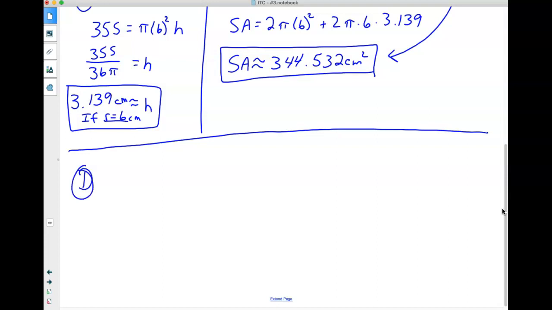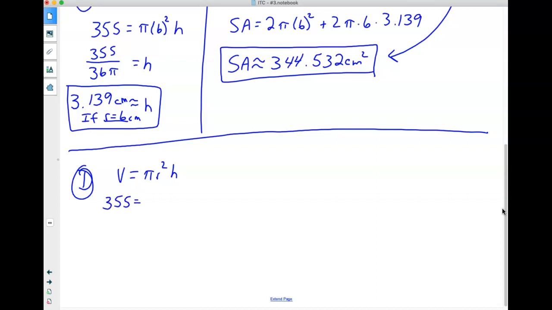And part D says, if the radius of the can is x centimeters, what is the height of the can in terms of x? Well, we know volume, because we knew the volume, is, what is our volume? Pi r squared h. Well, we know the volume is 355. Again, that never changed.